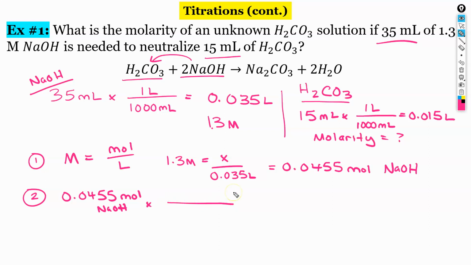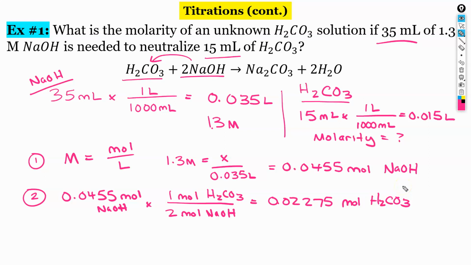And looking at our equation here, there are 2 moles of NaOH for every 1 mole of H2CO3. And when we do the math, we get 0.02275 moles of H2CO3.